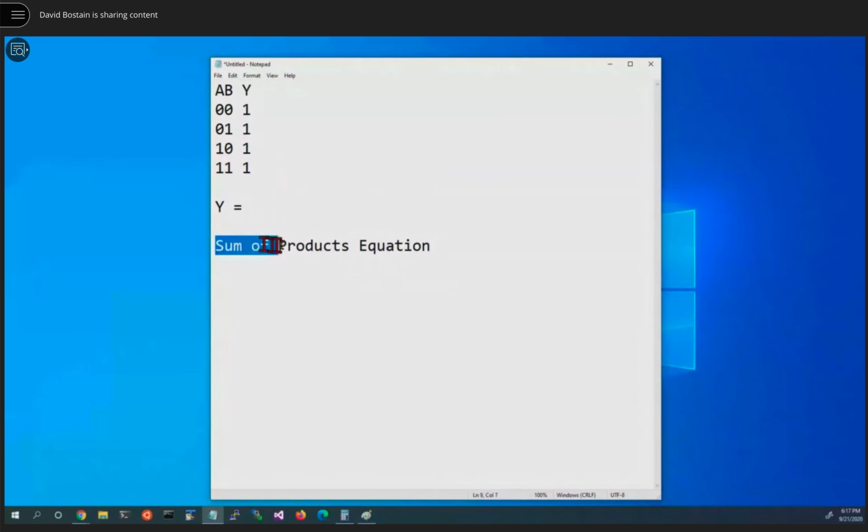So what we do is we find all the lines in the table. Let me put it back to that function I originally had. We find all the lines in the table that are true, and they're the only ones we're interested in.